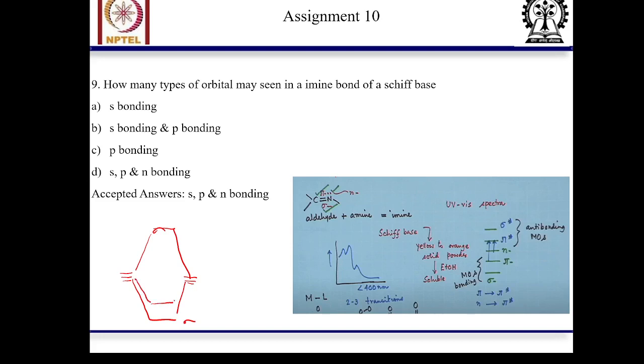Then you have pi, which is less stabilized, and similarly we get the pi star. Now there is a non-bonding orbital which didn't form any bond. It will be in between the pi and pi star, which is the n orbital. So these are the three kinds of bonding present in this imine system.